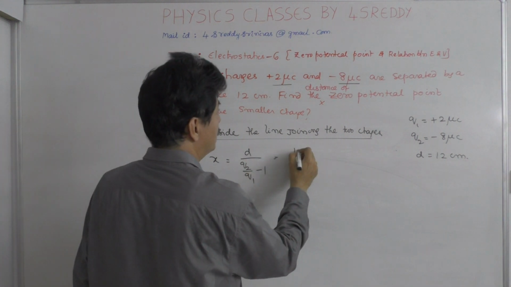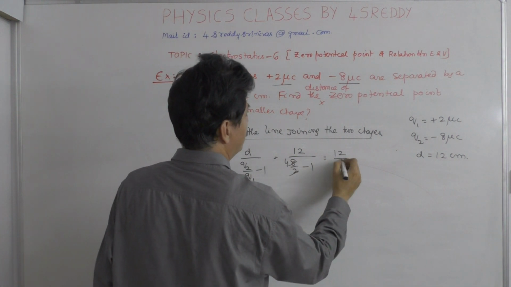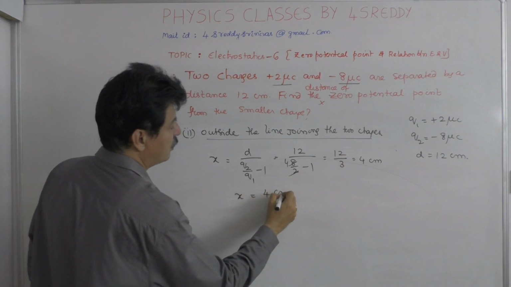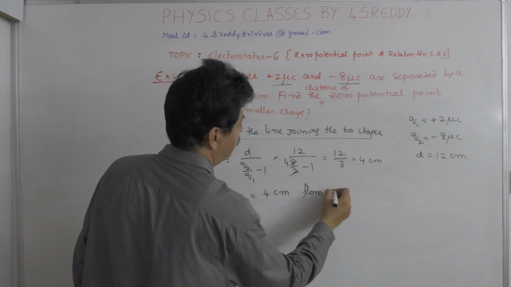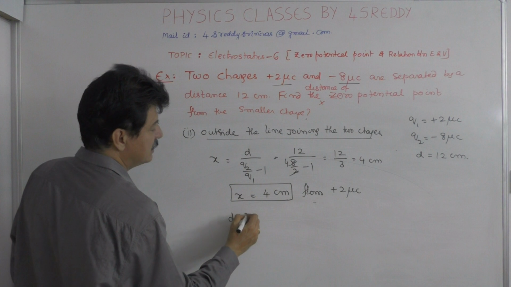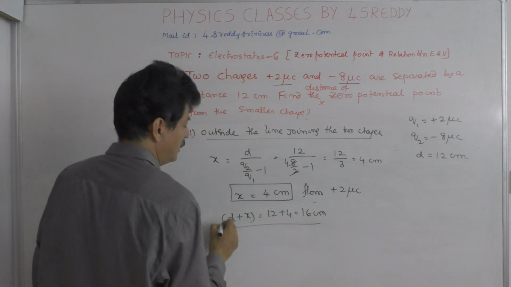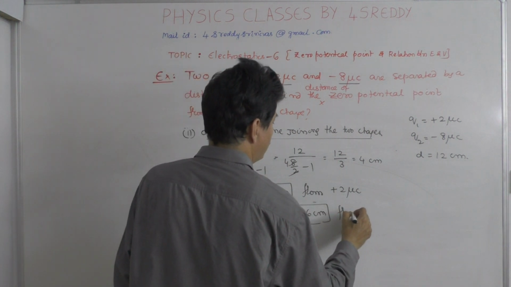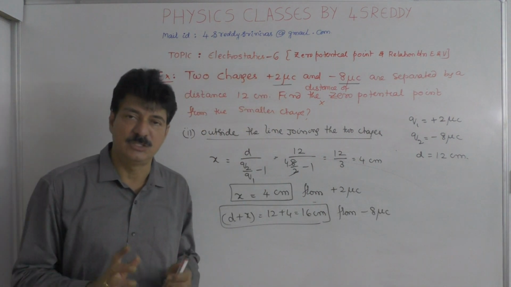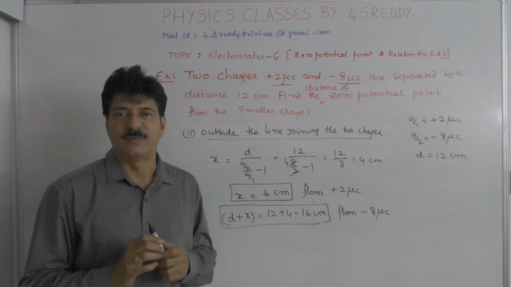That is 12 by (8 by 2 minus 1), that is 12 by 3, which is 4 centimeters. Therefore, x is equal to 4 centimeters from plus 2 microcoulombs. Whereas the other one is d plus x, that is 12 plus 4, 16 centimeters from minus 8 microcoulombs. This is how we have to calculate the zero potential point when two unlike charges are given.